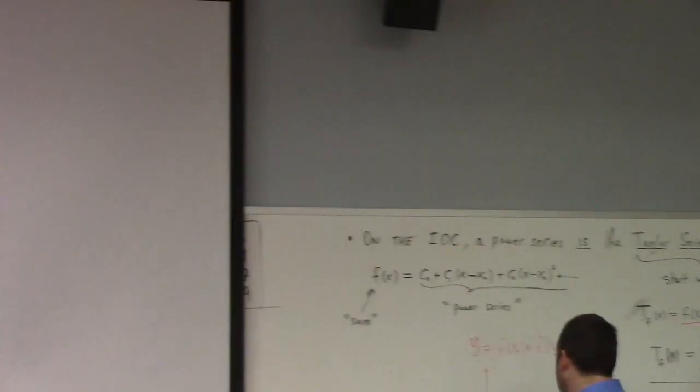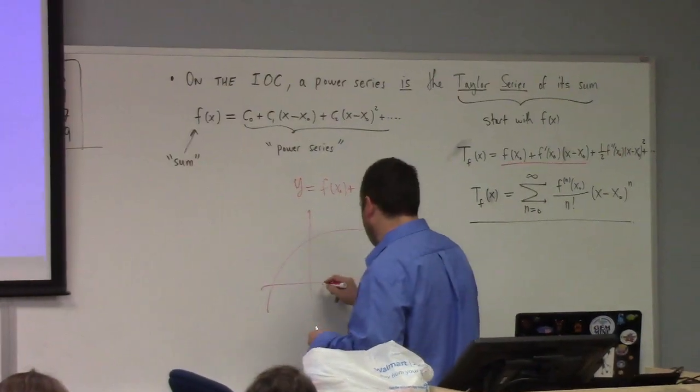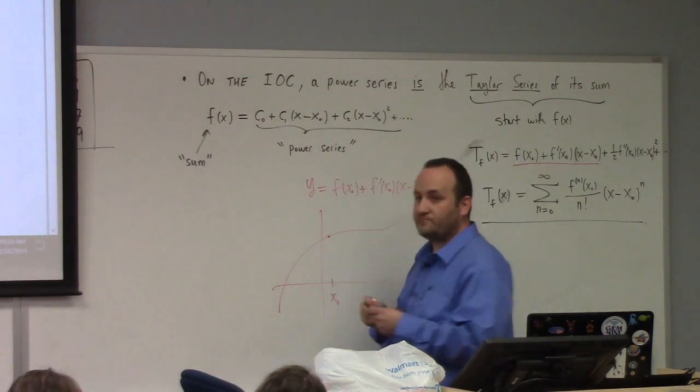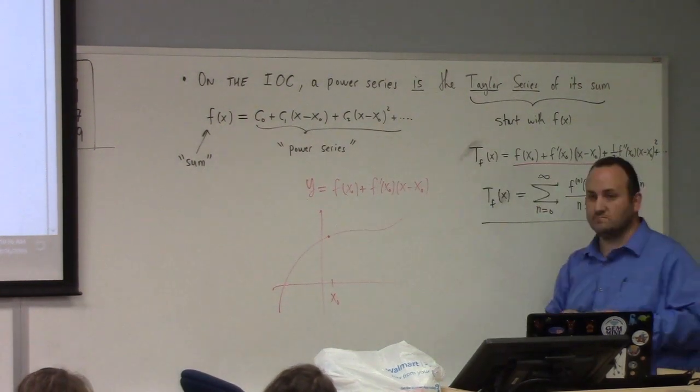What is this? If I say y equals f of x naught plus f prime of x naught times x minus x naught, what's the significance of that?